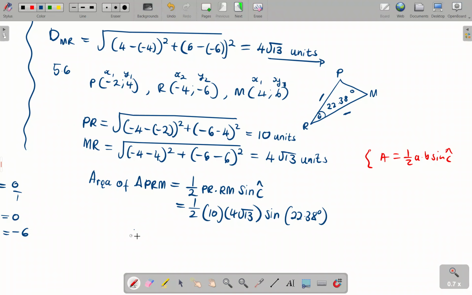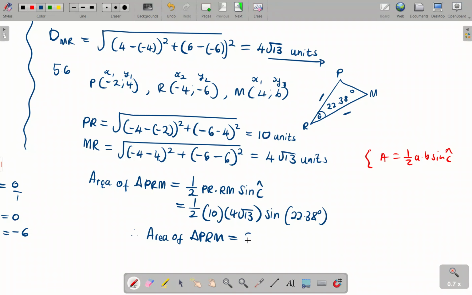So therefore, the area of triangle PRM will be half into 10 and then 4 square root of 13 multiplied by the sine of 22.38.